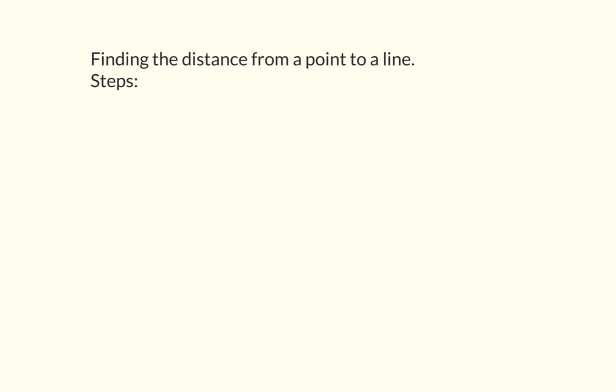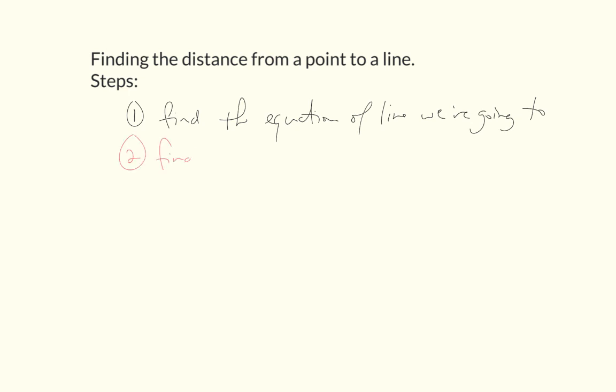So to recap, I would say that the steps that we took were number 1, to find the equation of the line we're going to. Number 2, to find the equation of the line that's from the point to the line we're going to, right?